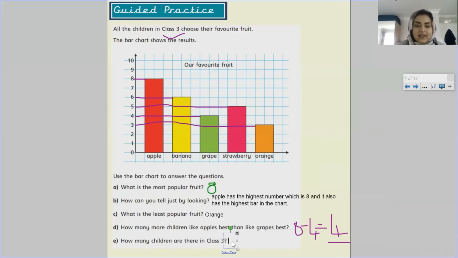So it's going to be 8 plus 6 plus 5 plus 4 plus 3. Because 1, 2, 3, 4, 5 numbers were chosen, and the answer is 26. So the answer is 26.